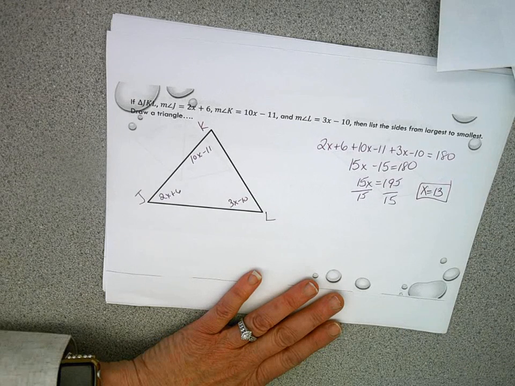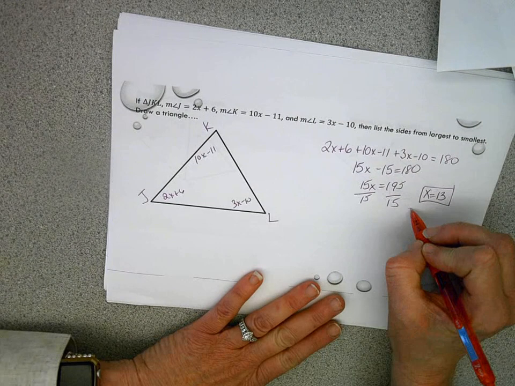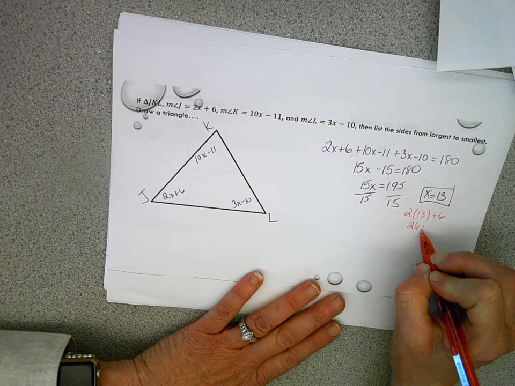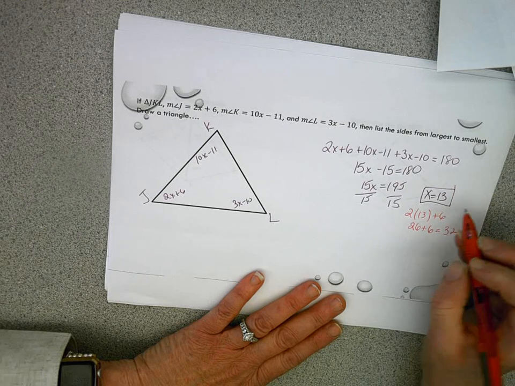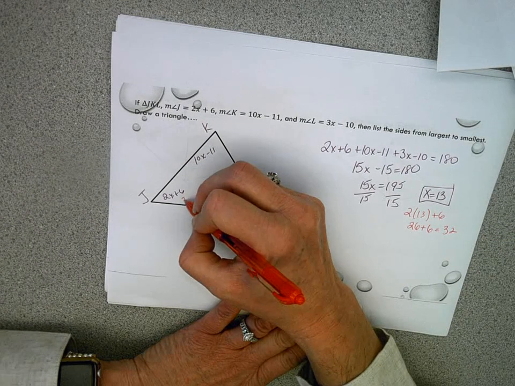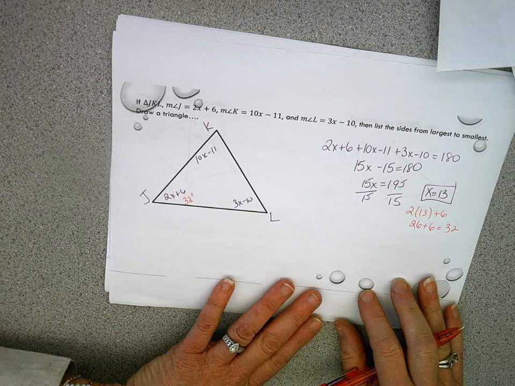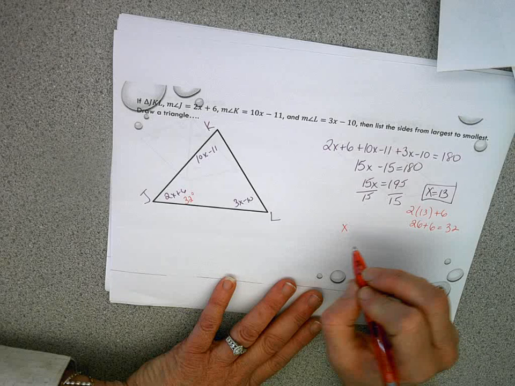That doesn't tell me the angles yet, so I'm going to plug 13 into each angle. So 2 times 13 plus 6, 26 plus 6, which is 32. So this one's 32 degrees. Pretty small. Probably don't have a lot of angles smaller than that. I'm going to plug it into K, which might be the largest one because it's multiplying by 10.